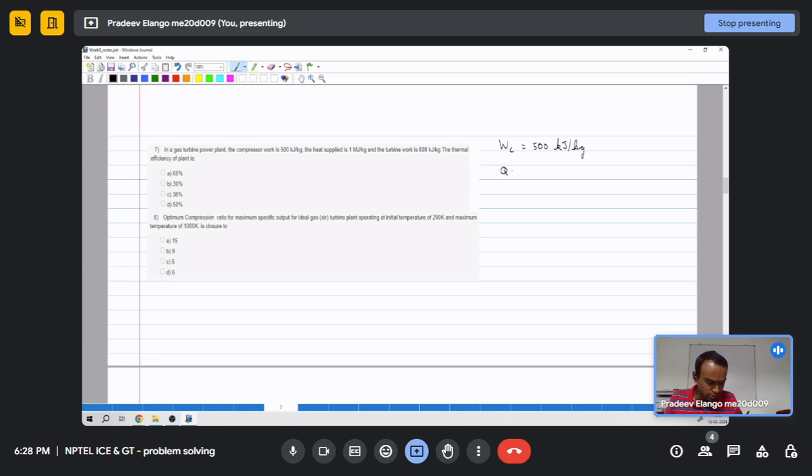Heat supplied is 1 megajoule, that is 1000 kilojoule per kilogram, and turbine work output is 800 kilojoule per kilogram. What is the efficiency? Efficiency we know. Can you try to answer this? What is efficiency?